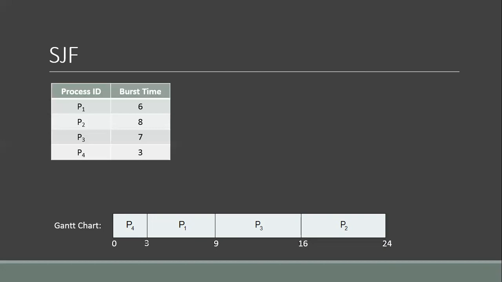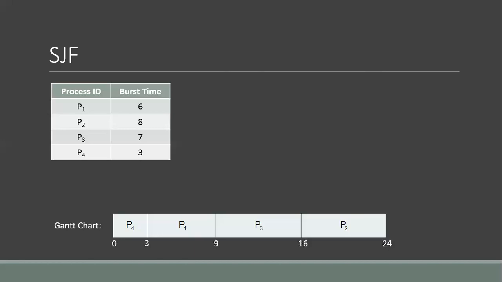So among these 4 processes, process P4 has the shortest burst time. So this process will be selected for execution on CPU. So at time 0, process P4 will be selected and it will start executing in the CPU. This process will complete its execution at time 3.